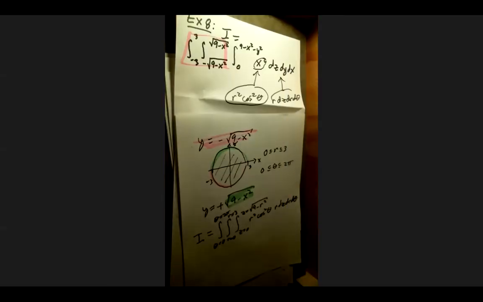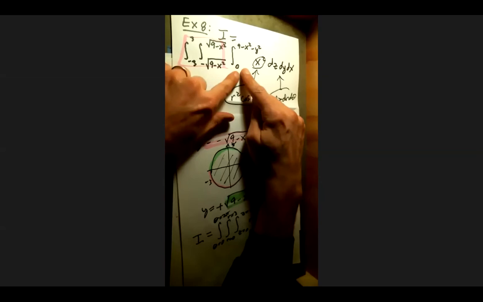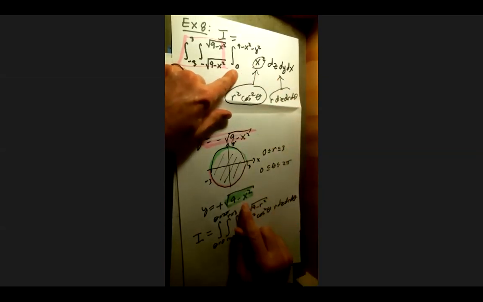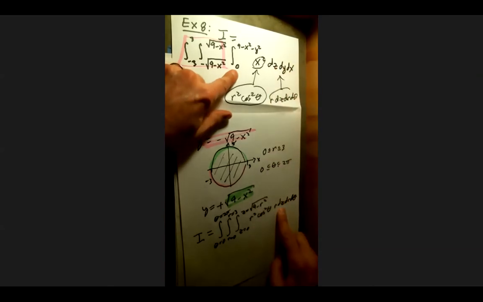Whew. The thing I want to point out about this, because I feel like it trips students up consistently, is that we were able to go from the z limits in the original to the z limits in the new without a picture, because it's the same z.